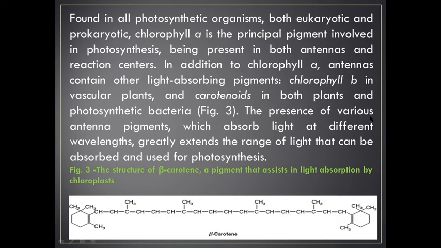The presence of various antenna pigments which absorb light at different wavelengths greatly extends the range of light that can be absorbed and used for photosynthesis. Now, this is the structure of beta carotene.